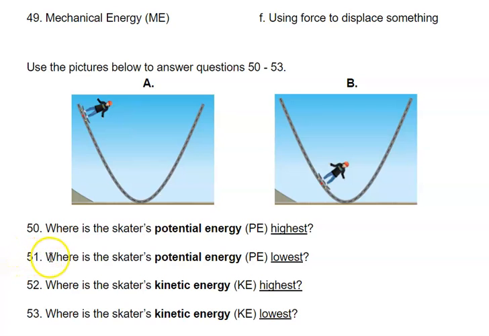Number 51. Where is the skater's potential energy, PE, the lowest? Number 52. Where is the skater's kinetic energy, KE, the highest? Number 53. Where is the skater's kinetic energy, KE, the lowest?